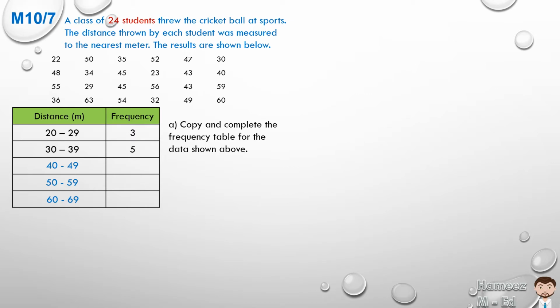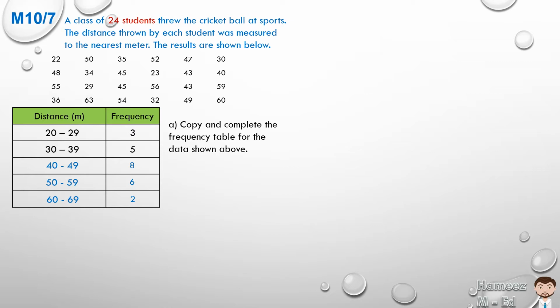You can pause the video here and check each of the class intervals. Right. So for the third class interval, 40 to 49, when we counted, there are 8 students who threw that distance, and 6 students in the next interval, and in the final interval from 60 to 69, the largest distance, 2 students threw that distance.